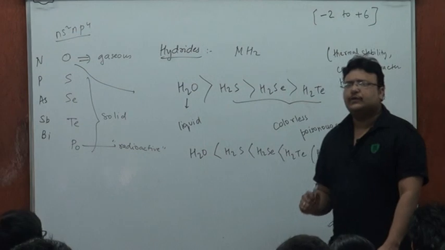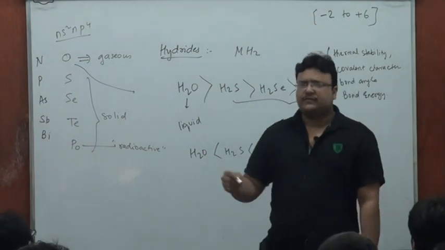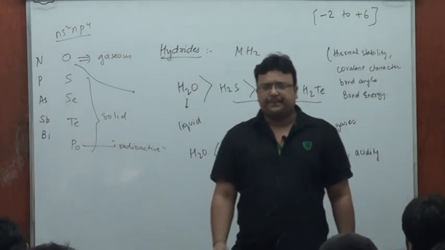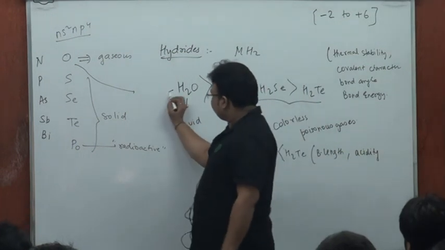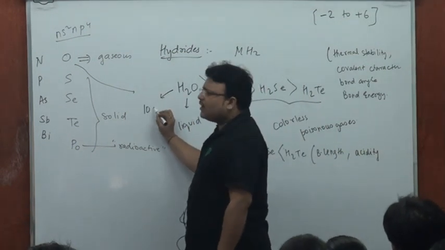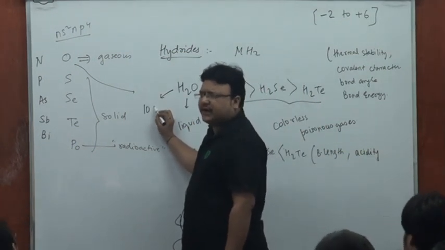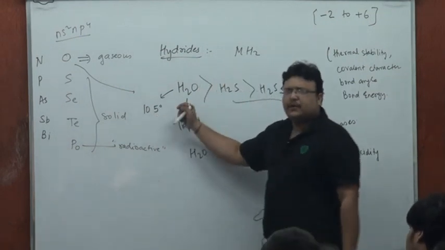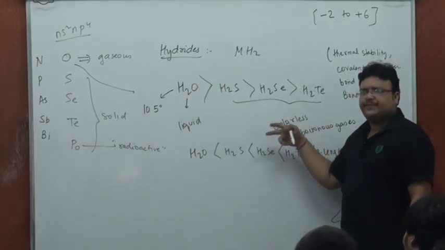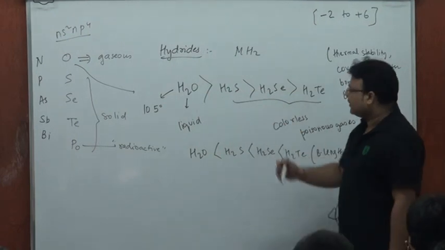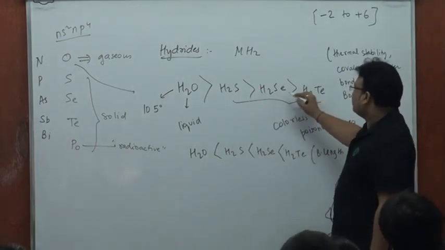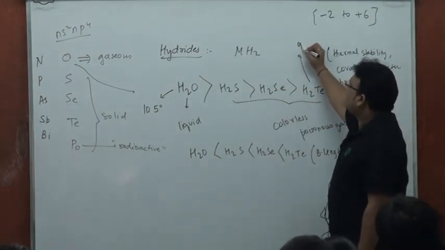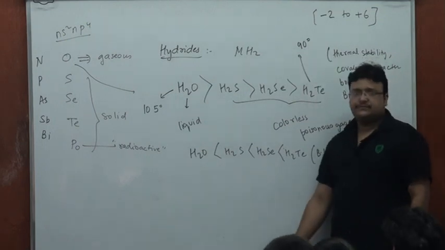and things which I tell you again towards the end of chemical bonding, where this bond angle is around 105 degrees. This is almost 105 degrees, and because it continuously drops down, it keeps on decreasing, and maybe by the time you reach H2Se or H2Te, the bond angle is around 90 degrees.